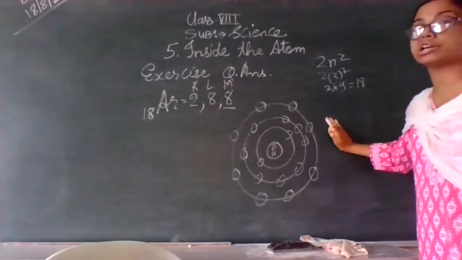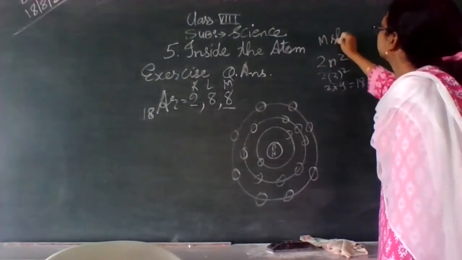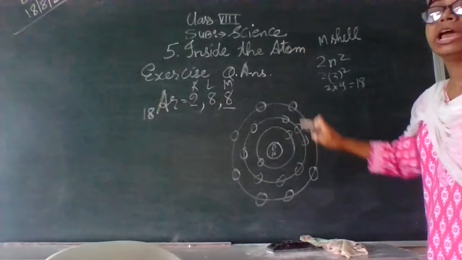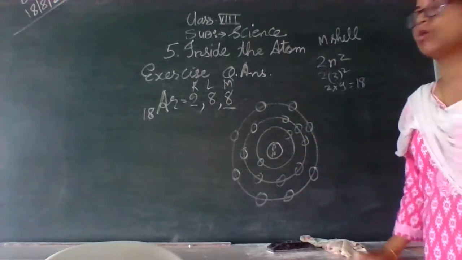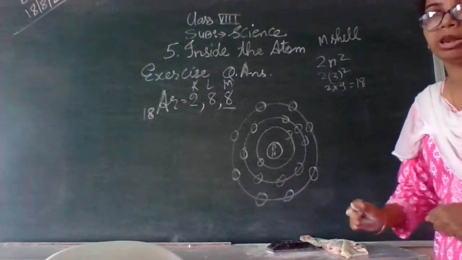Okay, 18 is the capacity of the M shell. But if the octet is completed, that is, 8 electrons are there in the outermost shell, then the atom is said to be stable.